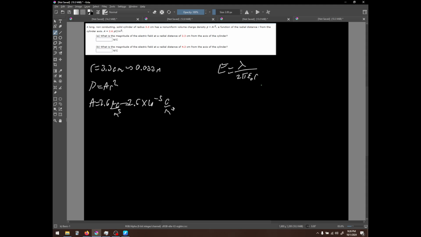We can get charge in terms of density by rewriting this. We need linear charge density, but we have volume charge density. Lambda equals Q over L.